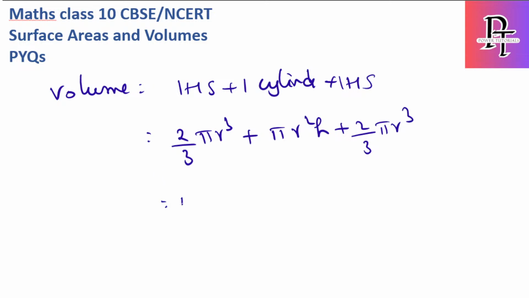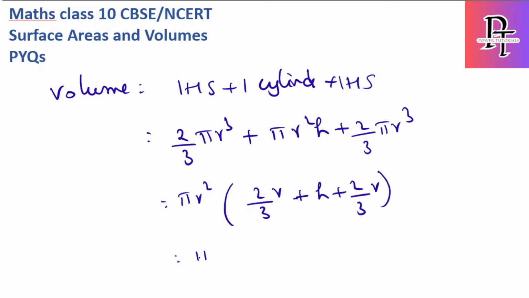So I will take pi r square as common, so this becomes 2 by 3 r plus h plus again 2 by 3 r, so this becomes pi r square into 2 by 3 plus 2 by 3 is 4 by 3 into r plus h. So always write till here, then substitute the values. If you substitute before itself, it will be a lengthy process.